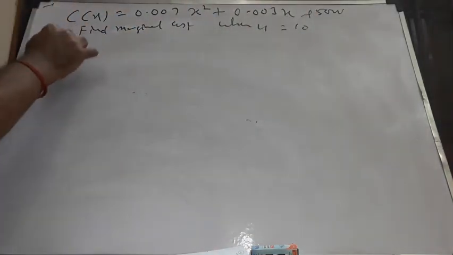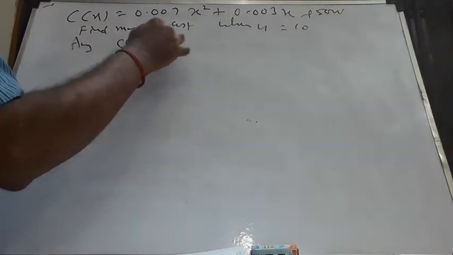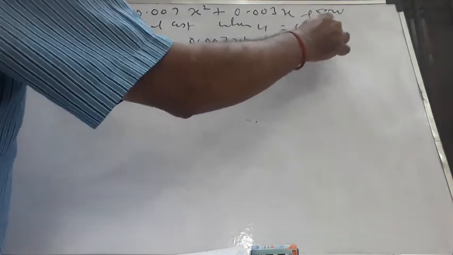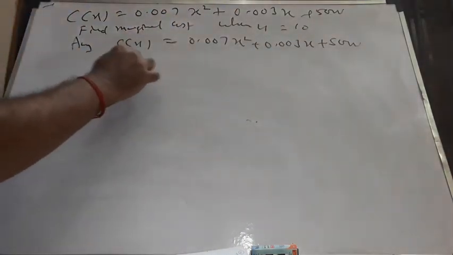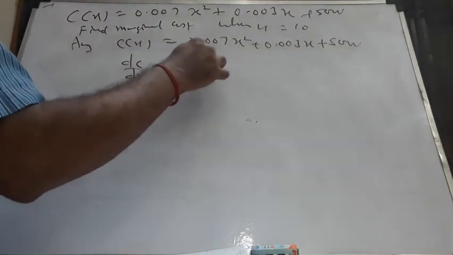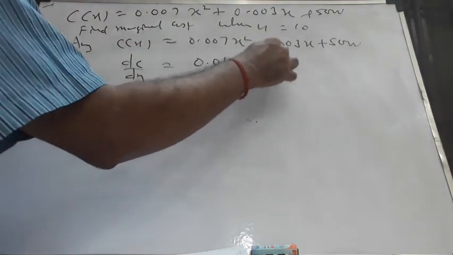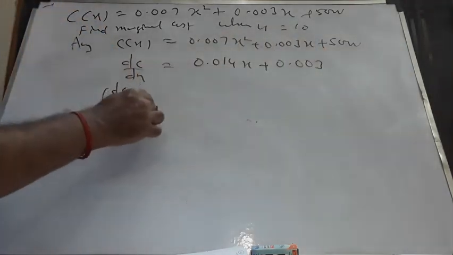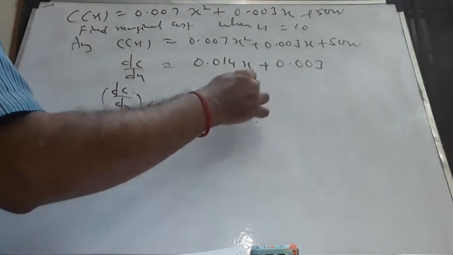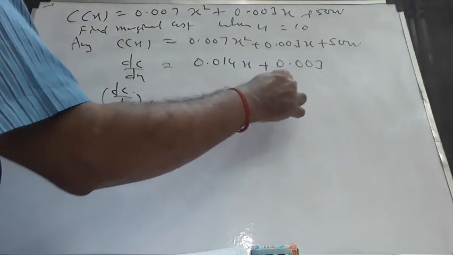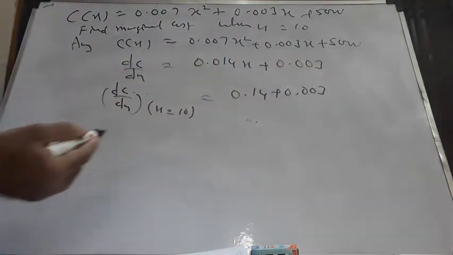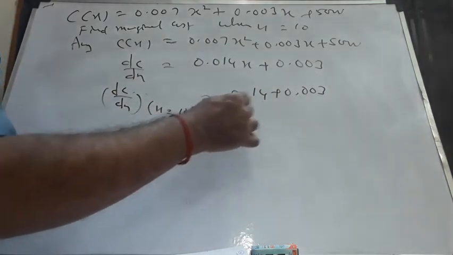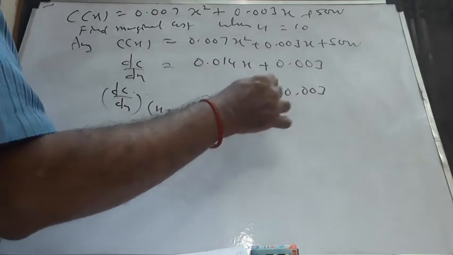Now the answer: C of x is 0.007x square plus 0.003x plus 5000. Now dC/dx happens to be 0.014x plus 0.003. When x is equal to 10, dC/dx is 0.14 plus 0.003, which is almost 0.017.